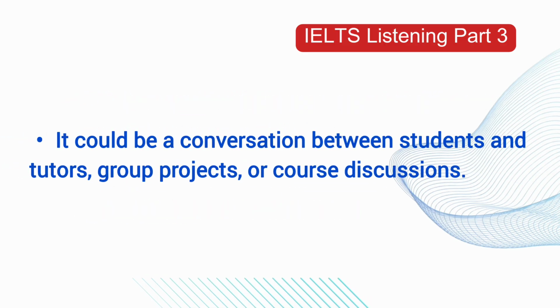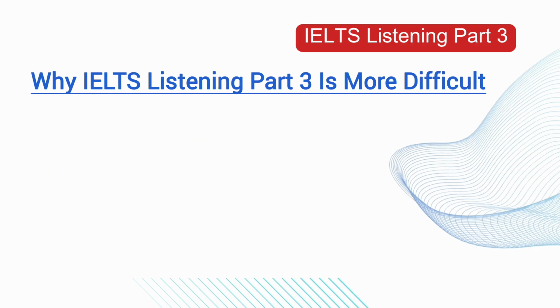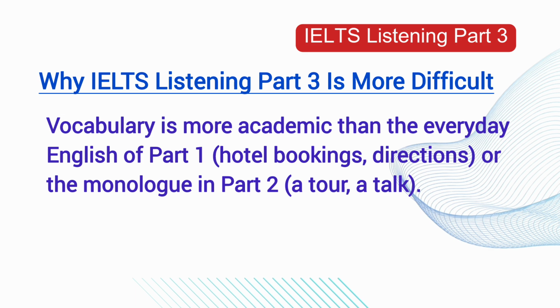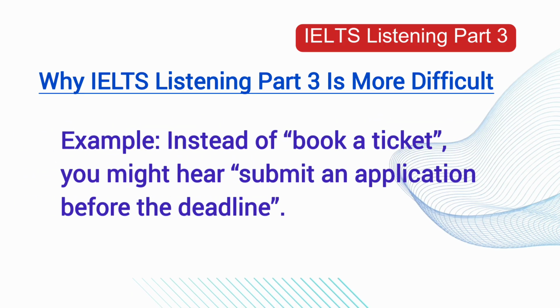It could be a conversation between students and tutors, or group projects, or course discussions. The vocabulary is more academic than the everyday English of part 1 or 2. For example, instead of book a ticket, you might hear submit an application before the deadline.